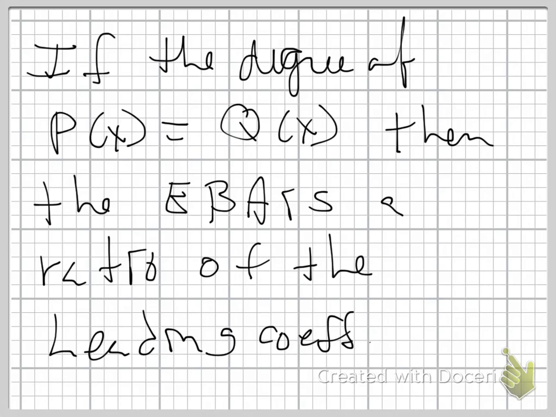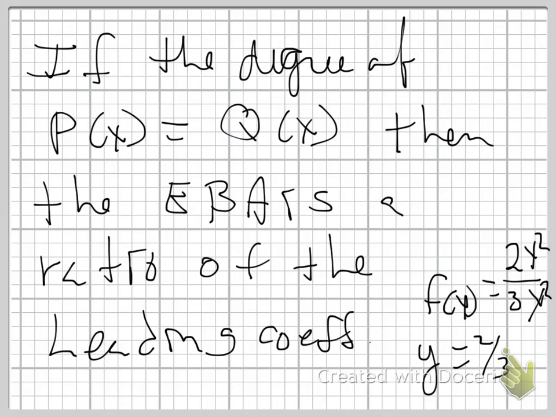Right, for example, f of x equals 2x squared over 3x squared, right? Second degree over second degree, y equals 2/3 is the EBA.